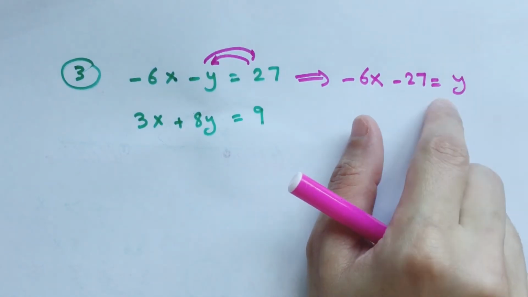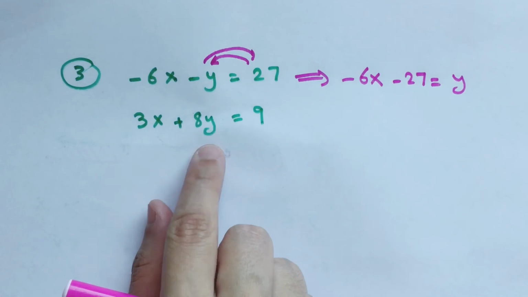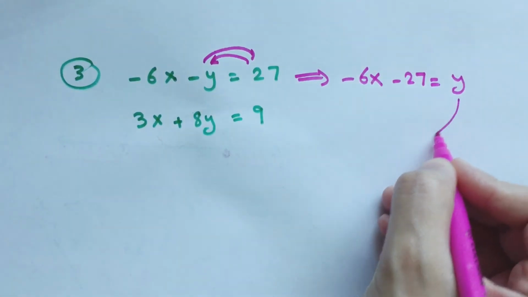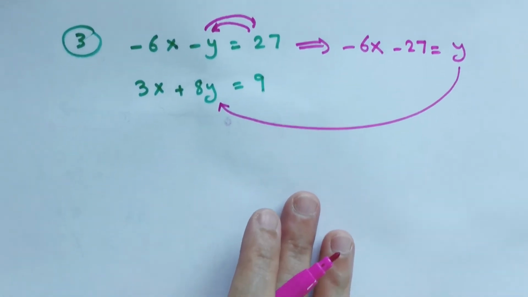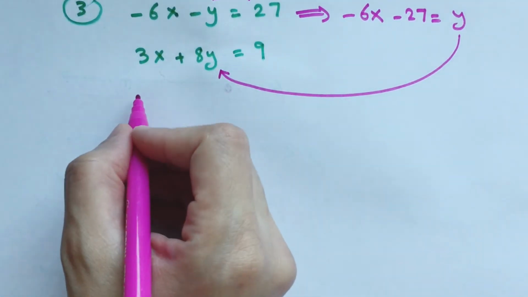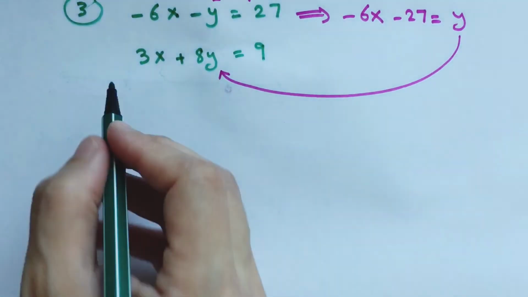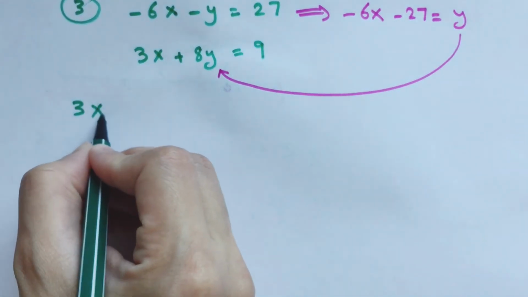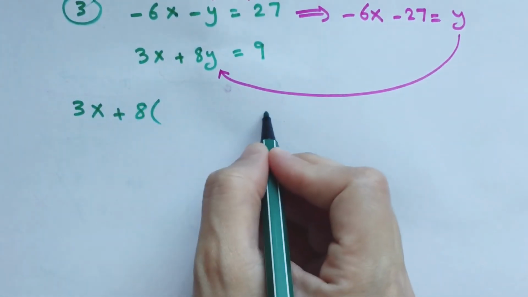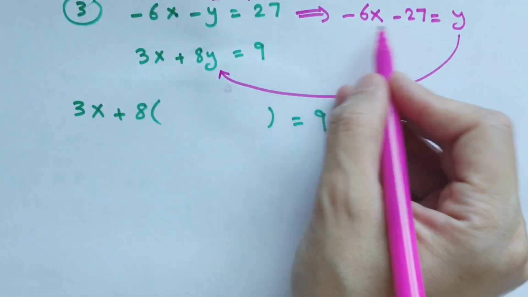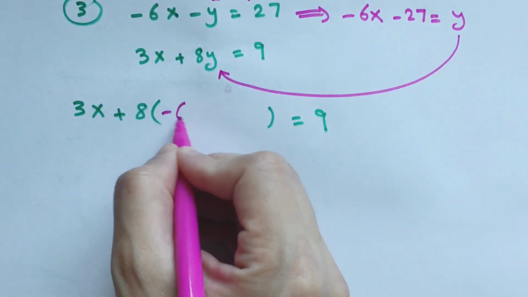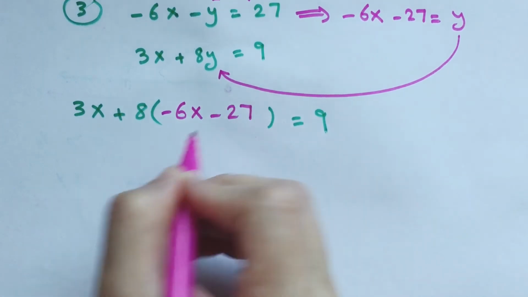Now this one I will use it where? I will use it here. Okay, I'll put all this instead of y. So I rewrite again the second equation. 3x plus 8, I will open the bracket, y, equals 9. The y is this one, negative 6x minus 27.